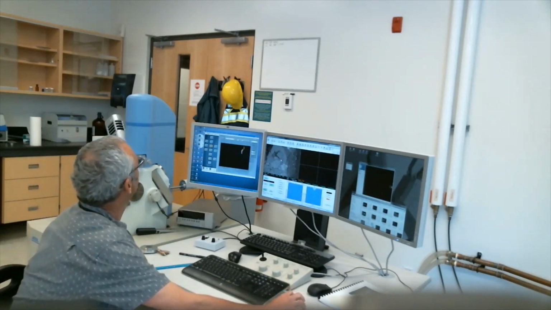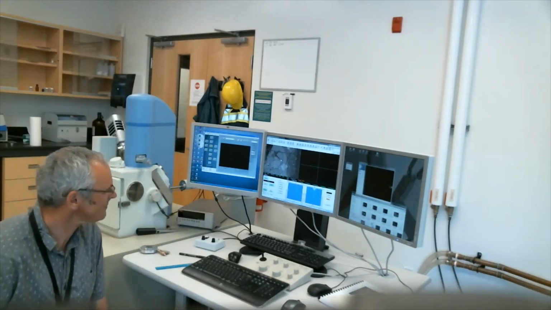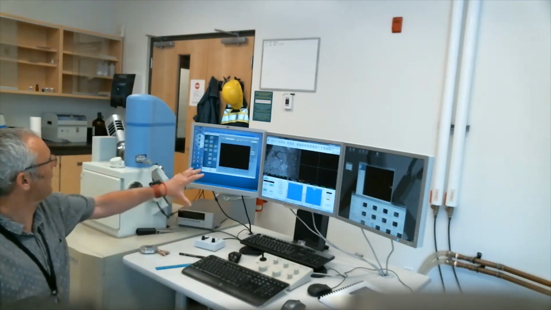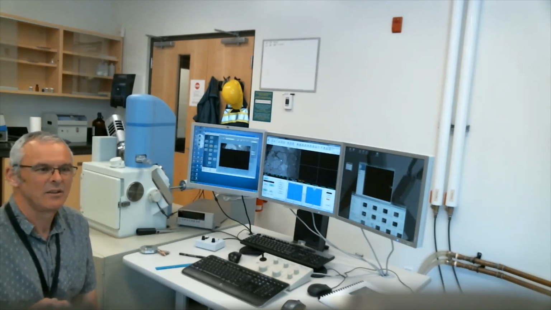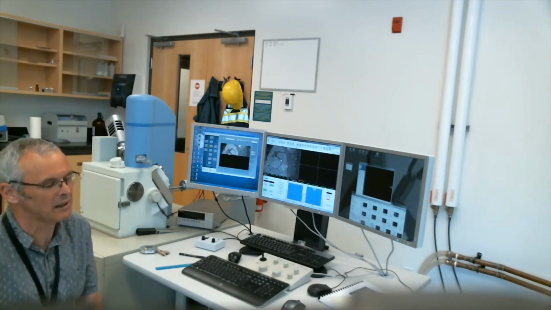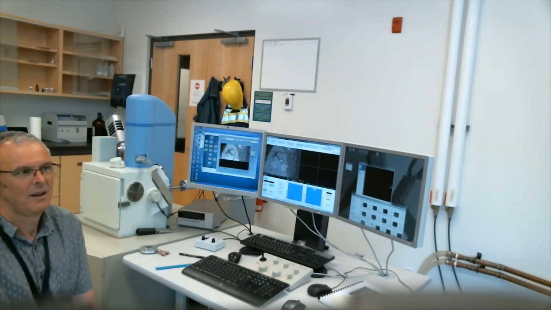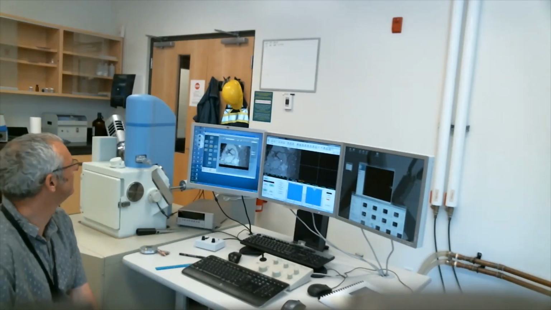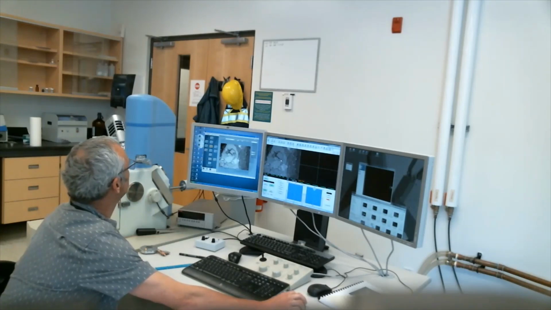Let's take a look. So how do we do the EDS work? We'll acquire an image of that sample, and then we can just click on it to move the beam to where we want to analyze. So let's see what this nice big crystal is here.